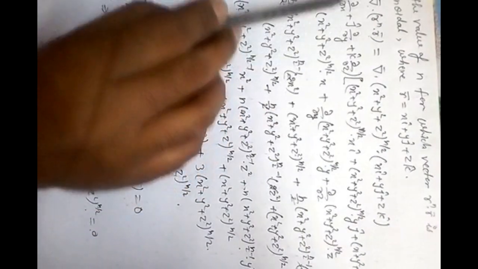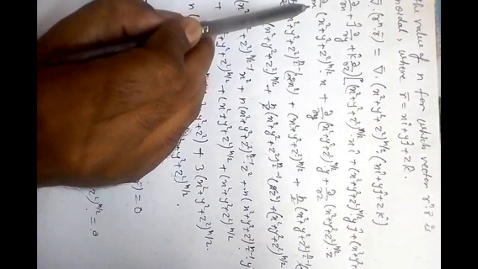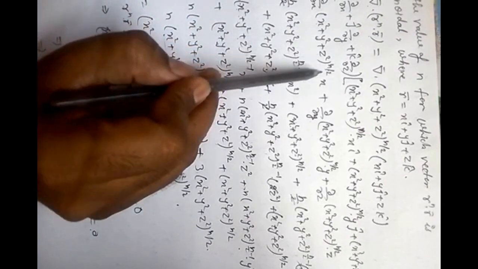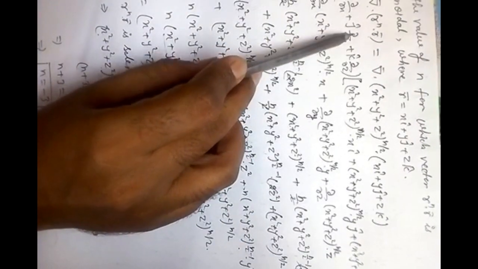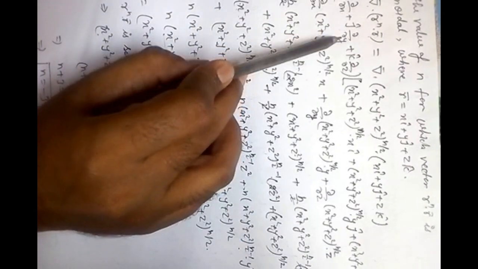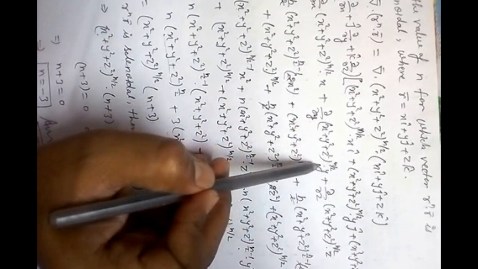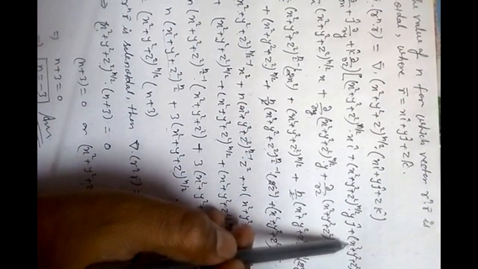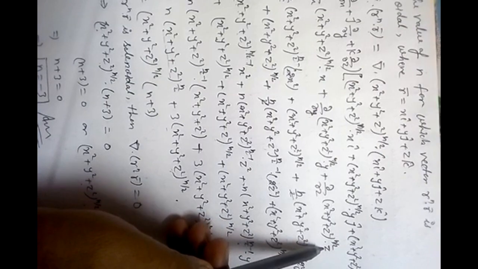Now here i dot i is 1, so we get ∂/∂x of (x² + y² + z²)^(n/2) into x, and j dot j is 1, that means ∂/∂y of (x² + y² + z²)^(n/2) into y, and ∂/∂z of (x² + y² + z²)^(n/2) into z.